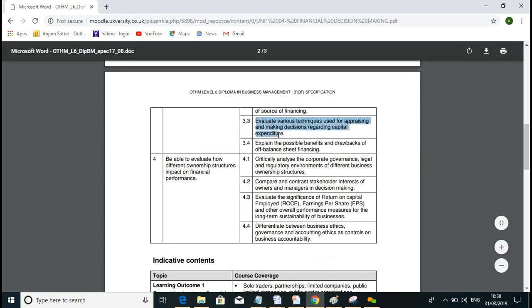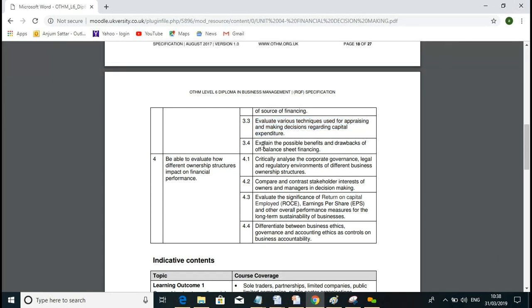We will also evaluate the various techniques, the various appraisal methods, which we can use to measure the performance when we are investing the money from sources of finance. Explain the possible benefits and drawbacks of off-balance sheet items, the things which we are not showing on the balance sheet. What are the advantages, what are the key disadvantages, what are the legal requirements, and why we are not showing those things on the balance sheet.